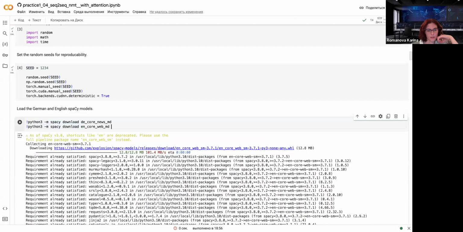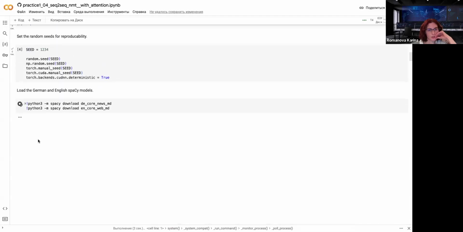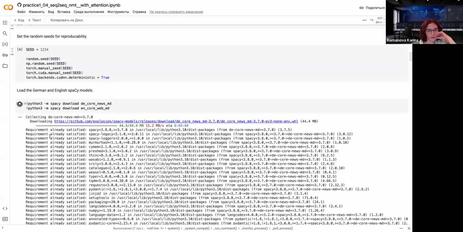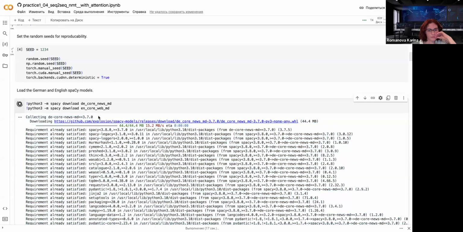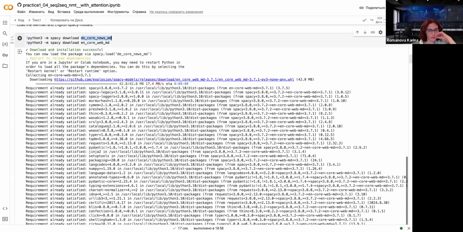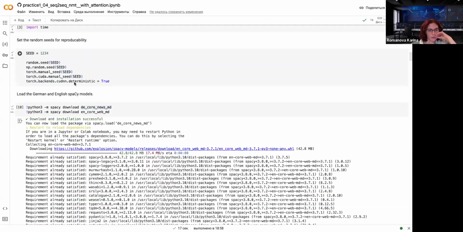We should search for the information about what is useful for this version number. So I think right now it would work for us. Maybe we'll type it like this, and English core.